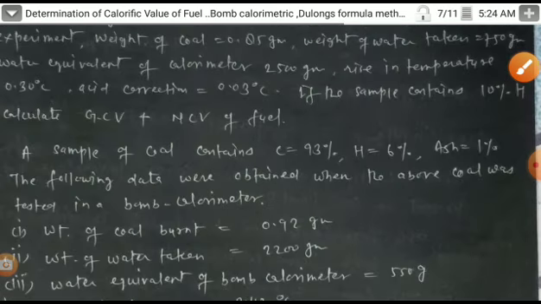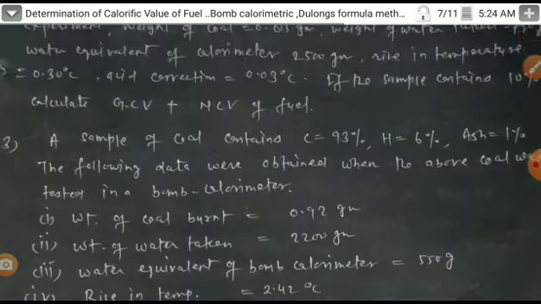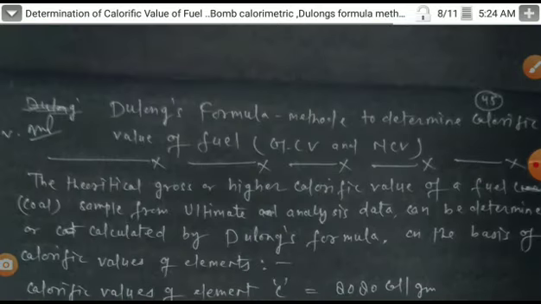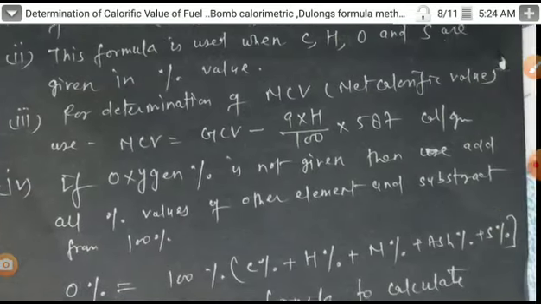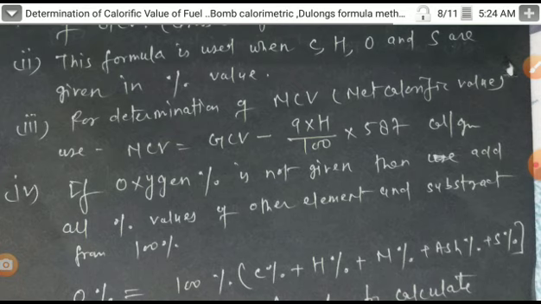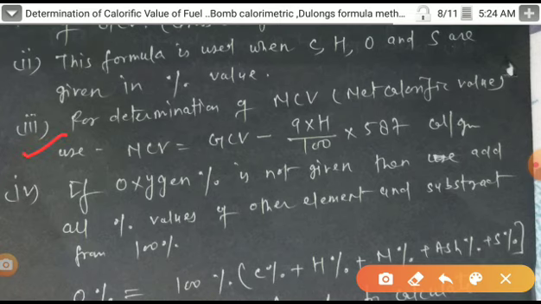And the third information it can provide is that in the formula that you are using in Dulong's method, you can also calculate NCV when GCV you have already calculated. So NCV is equal to GCV minus 9 into hydrogen divided by 100 into the latent heat of the water, that is 587 calorie per gram.